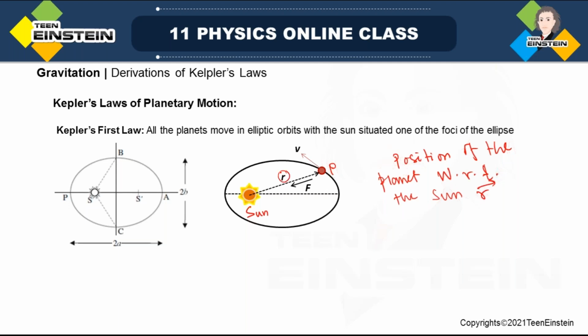This is in bold letter, that means it is a vector quantity, or maybe I can write even vector notation like this. This is the position vector of the planet with respect to the sun.